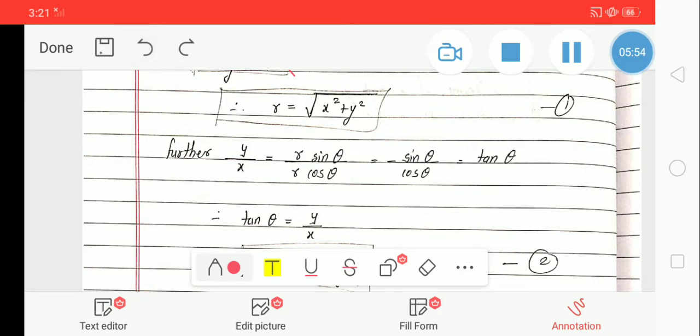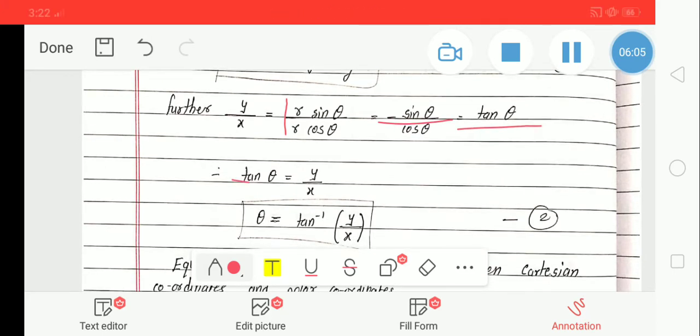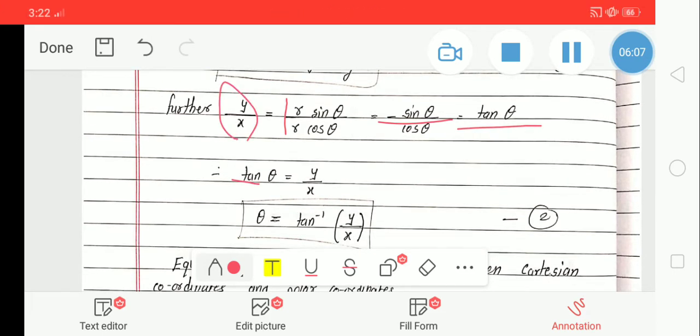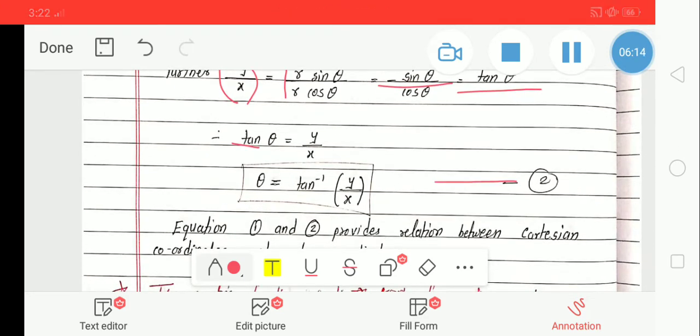Now r gets cancelled, and sin theta divided by cos theta is equal to tan theta. We know that tan theta is equal to sin theta divided by cos theta. So tan theta is equal to y divided by x, and theta is equal to tan inverse of y by x. Equation number 2.